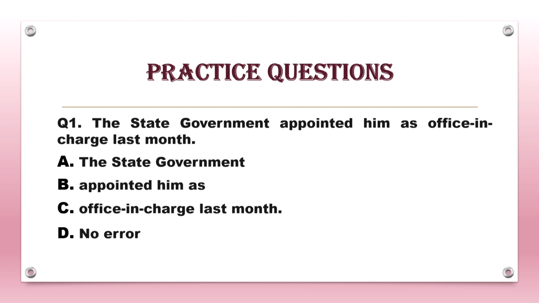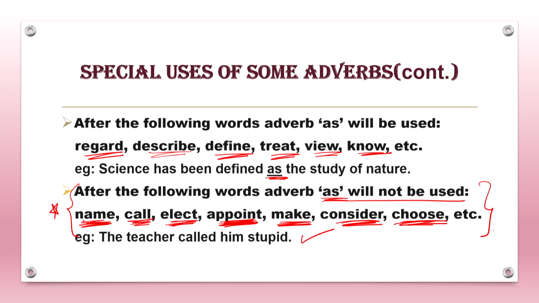In this sentence the grammatical error lies in option B. We just discussed this rule. So, what is the rule? It states that after the following words the adverb as will not be used. Those words are name, call, elect, appoint, make, consider, choose.